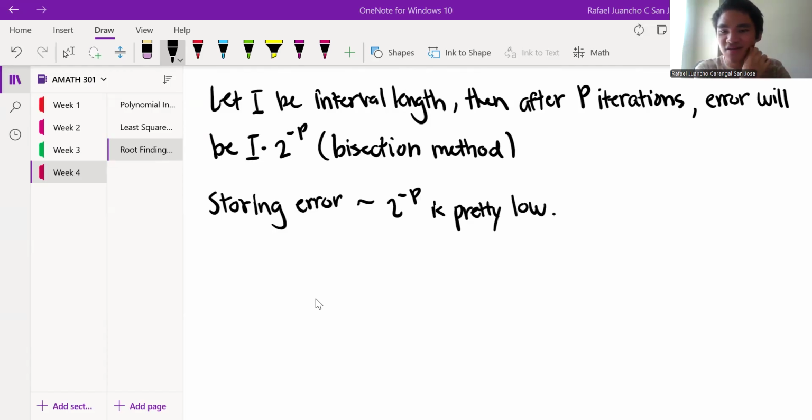So what if at an initial guess x naught, we linearize the function f around x naught? So let's try another method.